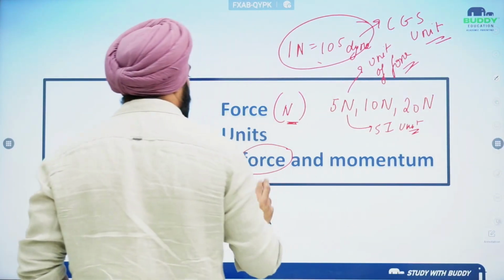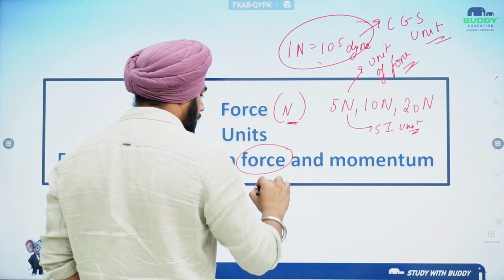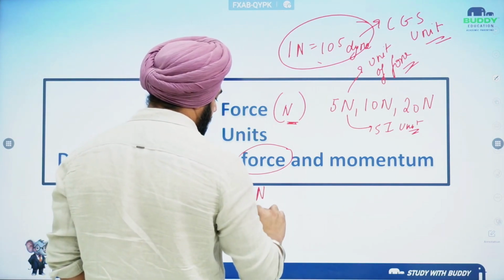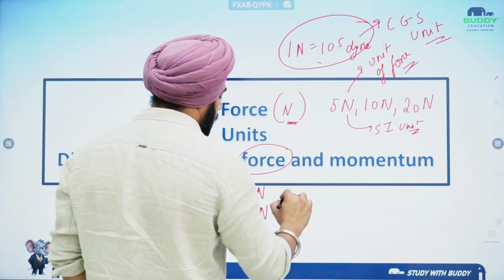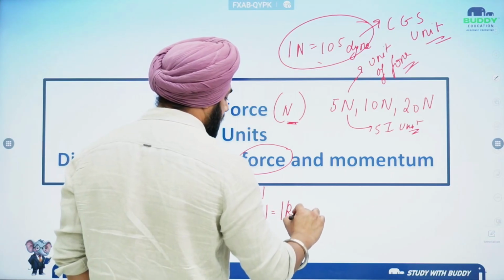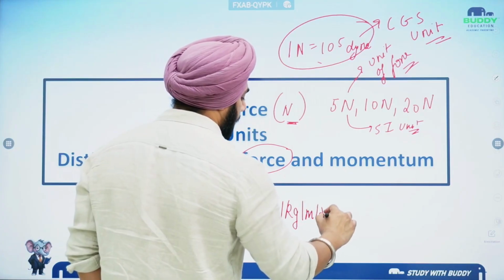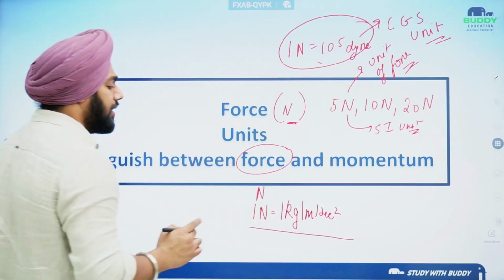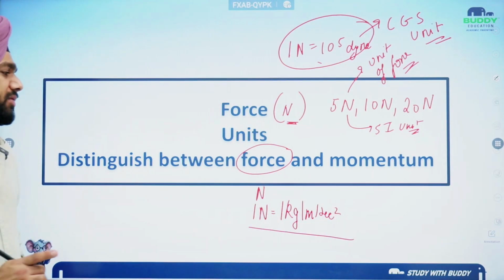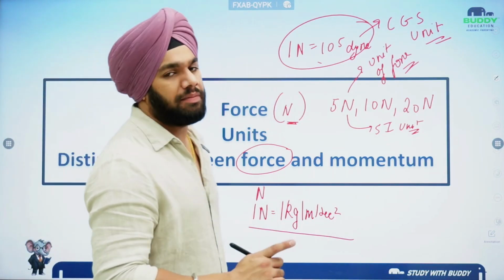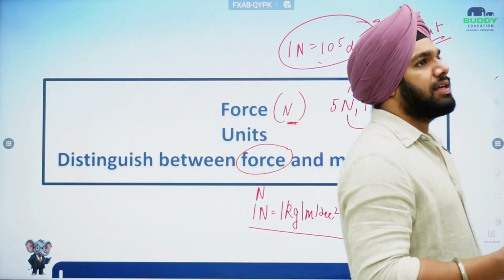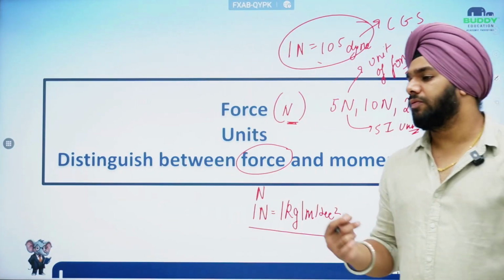So unit of force is again Newton, or I can say 1 Newton is equal to when 1 kilogram object moves with the acceleration of 1 meter per second square, right? Then we can say that it is moving because of 1 Newton force.